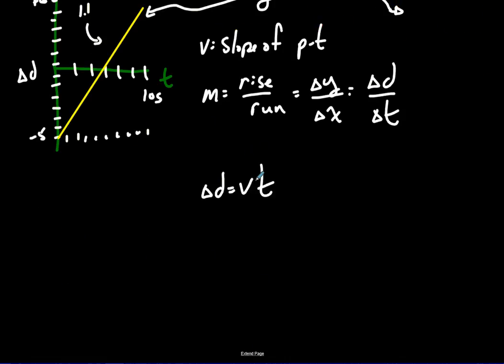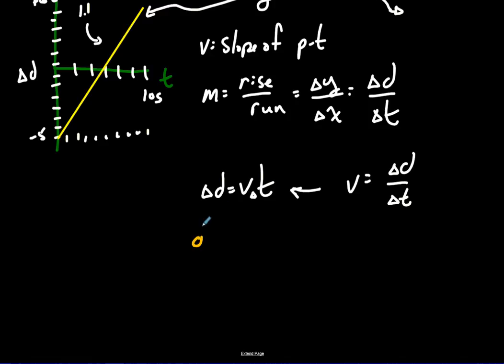So we could say delta d equals vt, and all we've done here is rearrange the formula we were working with before. Let's put a little delta in there so we know we're talking about delta t. We've multiplied t off the bottom, and we get that. We want to tie this into math class even better.